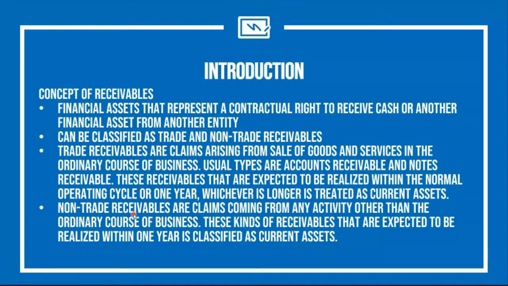Okay, non-trade yan. So, ang mga examples ng non-trade receivables natin, yan na yung mga receivables natin sa associates, advances to your employees, okay? And other types of receivables na hindi natin na-acquire in relation to our trade or business or operations natin.